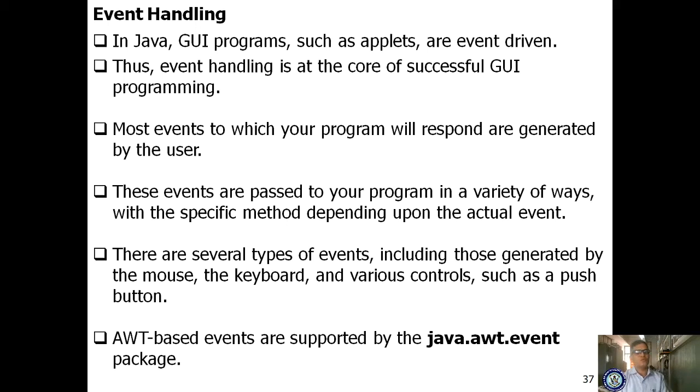Most events to which your program will respond are generated by the user. So almost all the events are generated by the user side itself. These events are passed to your program in a variety of ways, with the specific method depending upon the actual event. So we can pass various kinds of events to our programs according to our requirement, right?